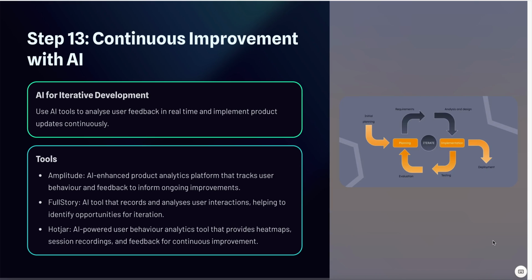Continuous improvement with AI is another reality of the AI space. So Amplitude is a tool which, again, has been around for a long time, and now it's being used for enhanced product analytics. It tracks user behavior and feedback to inform ongoing improvements. FullStory is a tool that tracks user interactions.